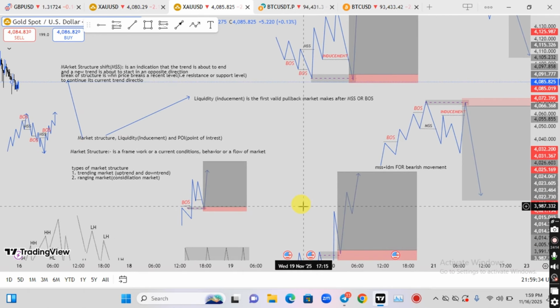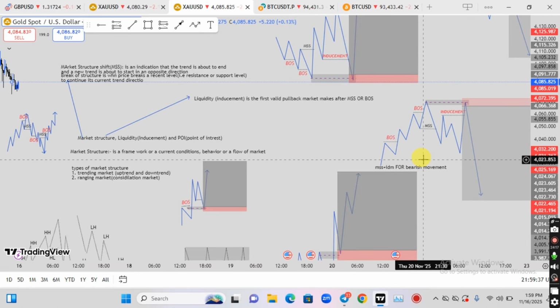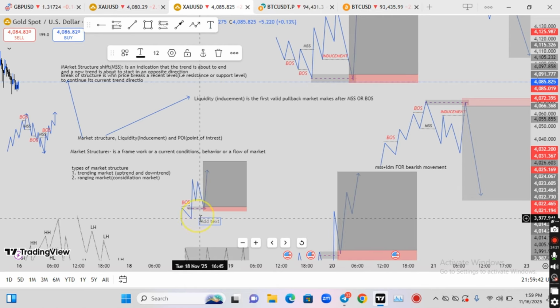Label here MSS. Here is what I'm labeling this zone as: BOS plus IDM for the bullish movement.